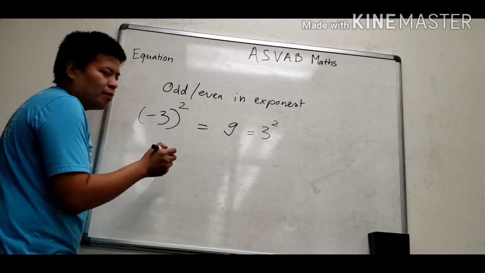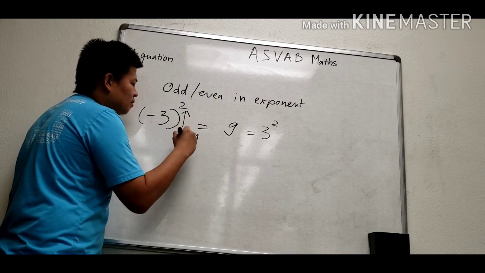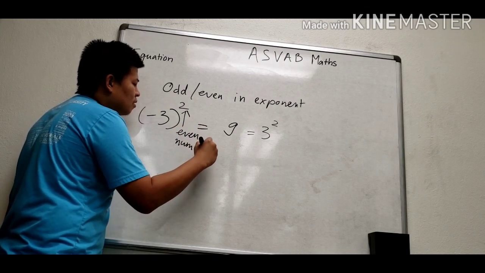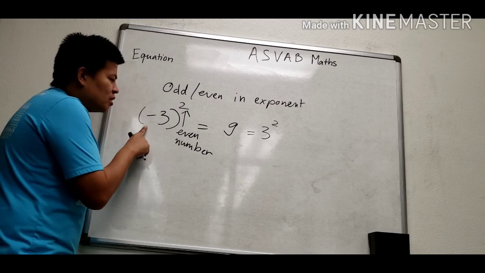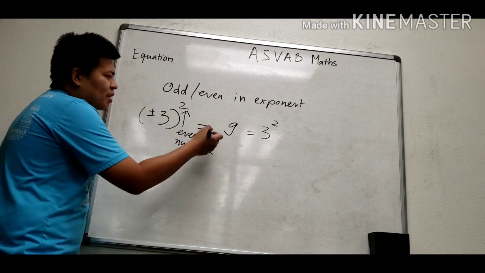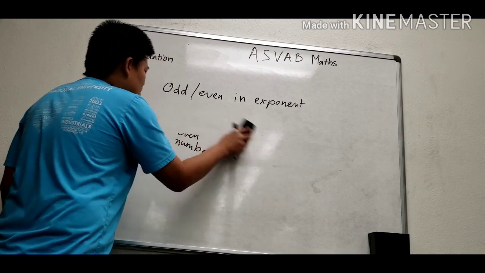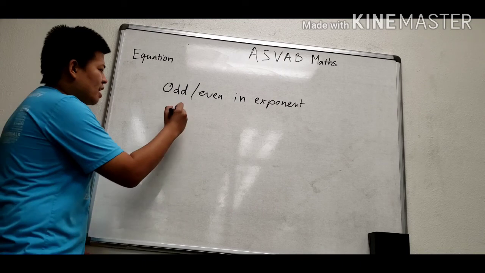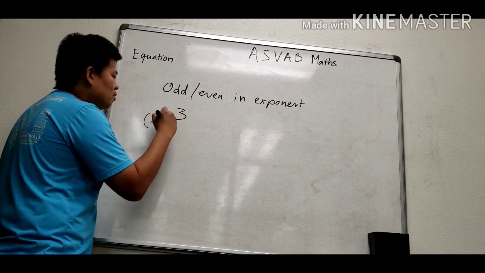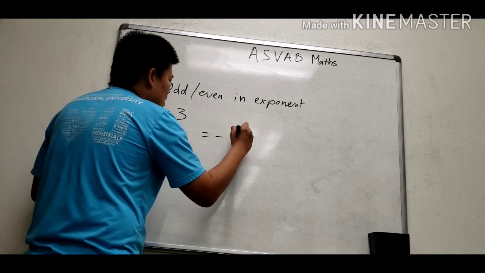So if the power in here is an even number, the positive or the negative number in here will become the positive number. If the power is an odd number like 3, with minus 2 in here, then we become minus 8.